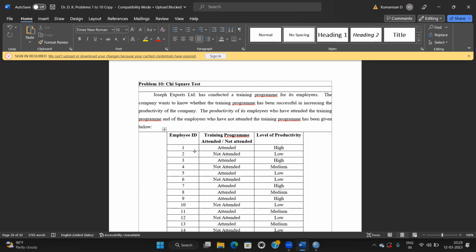There was no training program. There was no vaccination. There was no specialized program. But here, a program is conducted, like this workshop is conducted to increase our knowledge about the tools. This 2-day workshop is conducted.